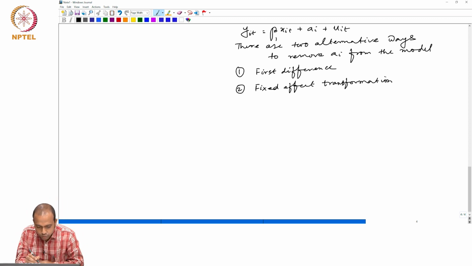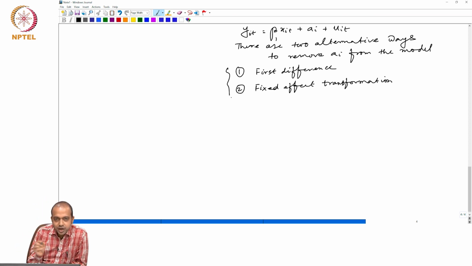Now, the question is which particular model to take, first difference or the fixed effect. There are several cases.